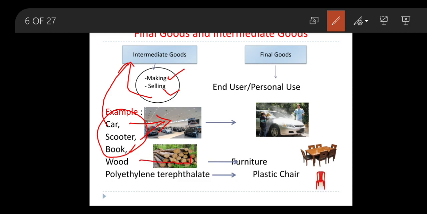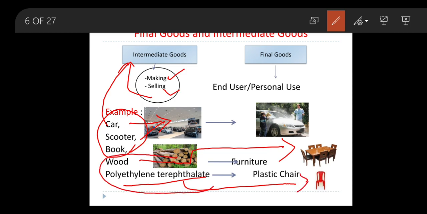Wood used for making furniture, polyethylene terephthalate used for making plastic chairs, right? These goods are used for making final goods like plastic chairs or furniture. Therefore, such goods are also your intermediate goods.